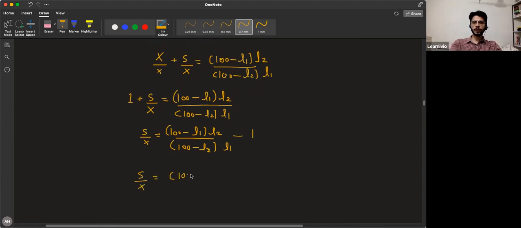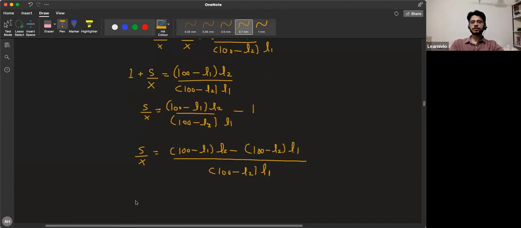It's 100 minus L1 into L2 minus L1 into 100 minus L2, divided by L1 into 100 minus L2.